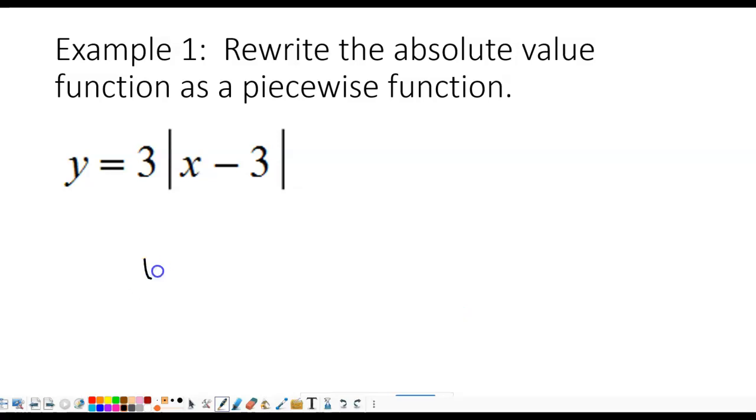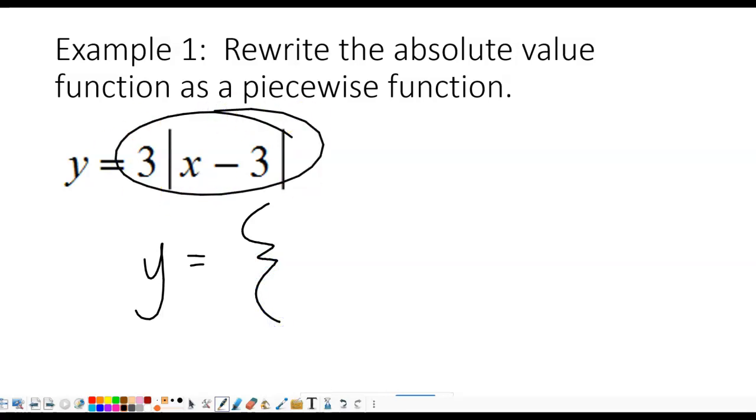We're going to say y equals, and I'm going to write this whole thing twice. But when I do, I'm going to get rid of the absolute value bars. No more absolute value bars. It's going to be parentheses now instead. And the one on the top is going to have the opposite sign than it is up here. So instead of a positive 3, I'm going to put a negative 3 there.